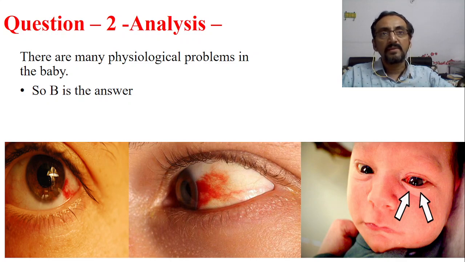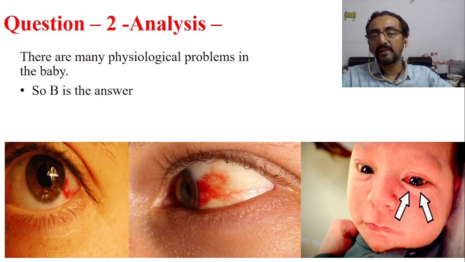When the baby is undergoing normal vaginal delivery, because of the pressure when it is coming through a narrow vaginal tract, some of the capillaries present in the conjunctival area may get ruptured, leading to this particular condition. So this is called a subconjunctival hemorrhage. These pictures are suggestive of subconjunctival hemorrhage, and this is quite common in the newborn baby.